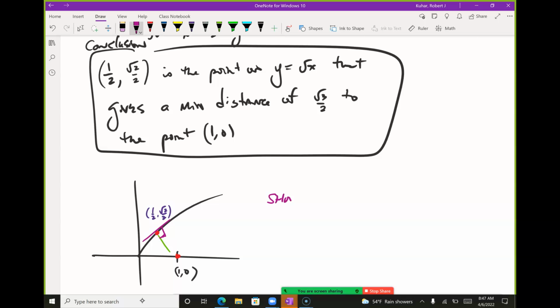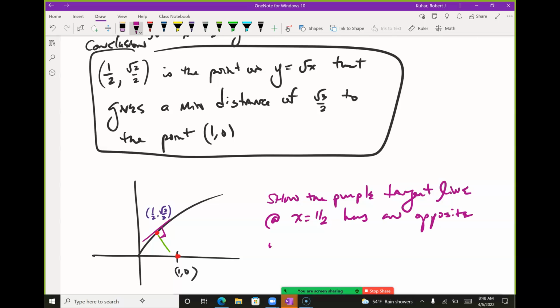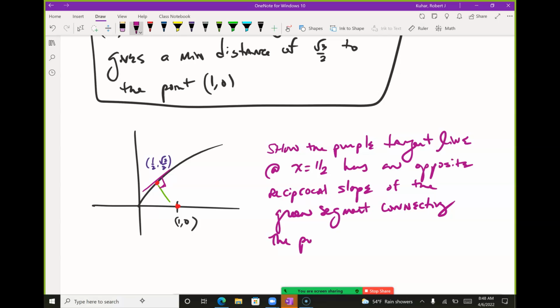So I want to show the purple tangent line at x equals 1/2 has an opposite reciprocal slope to the green segment connecting the points 1, 0 and 1/2, rad 2 over 2.